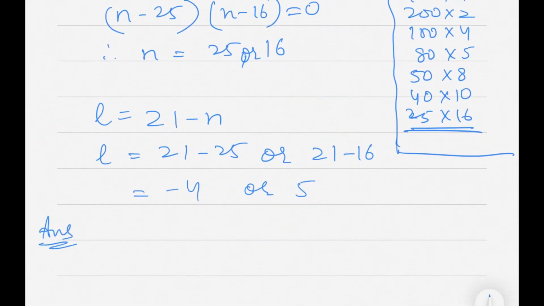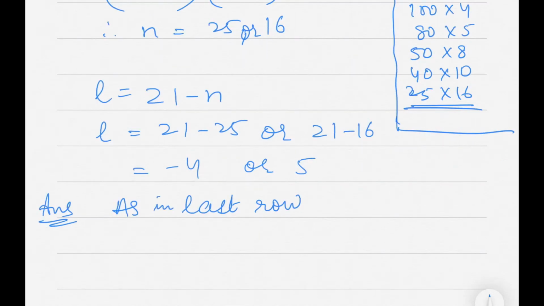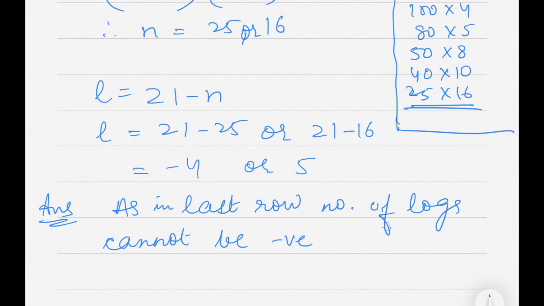So I can write down the answer: the number of logs in the last row cannot be negative.